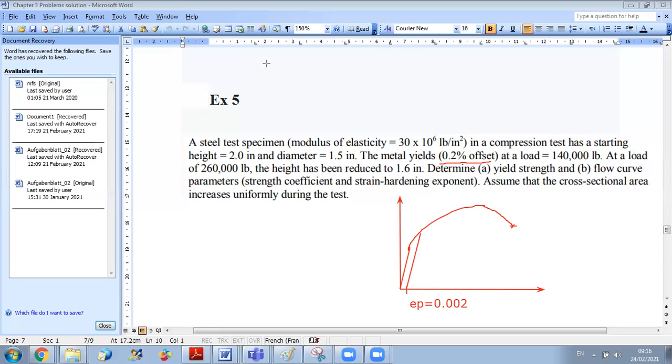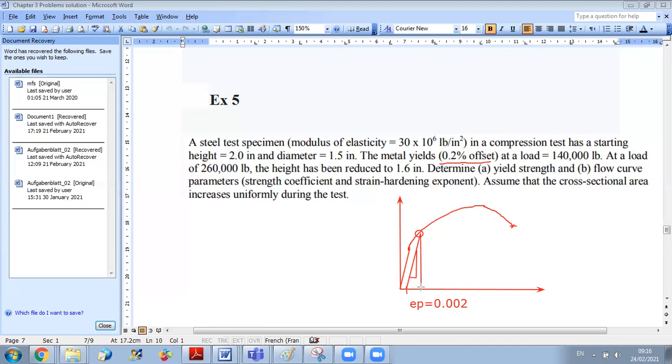In this way I can detect the yield point, which will be the transition from the elastic to the plastic zone. So I can say that the slope here is the modulus of elasticity. Okay, so the slope is equal to delta sigma over delta epsilon.